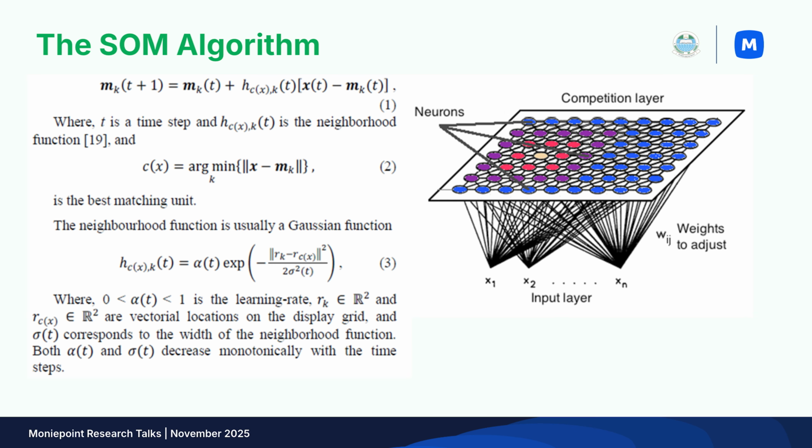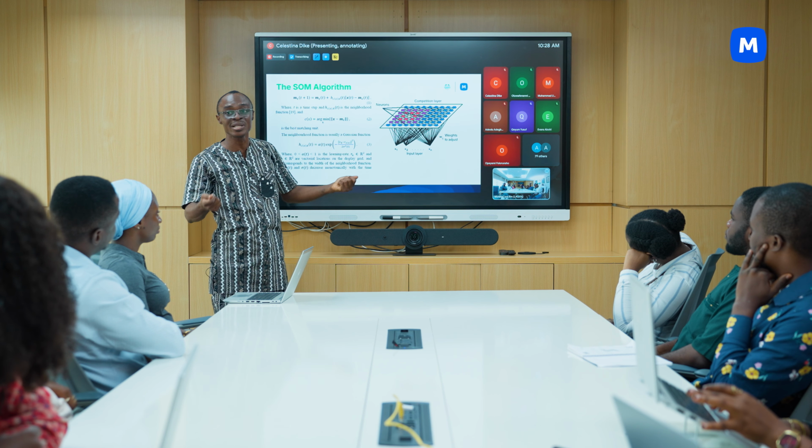So this is our self-organizing map itself. If this node, for example, is the one that actually fires, it means that it will adjust its weights to make sure that the next time it responds even better, and then adjust the ones around it. You understand? Basically, that's what it is.